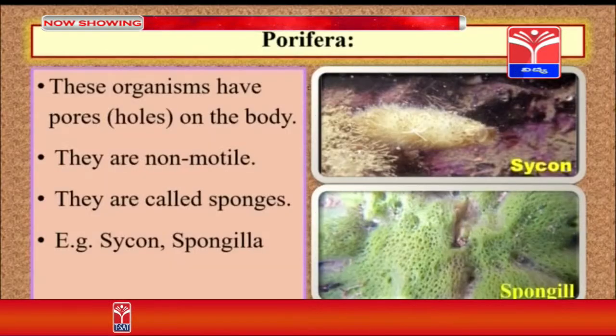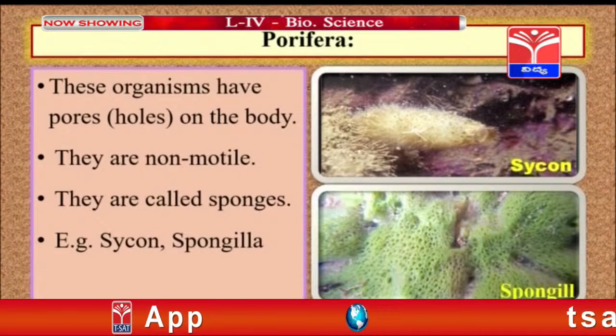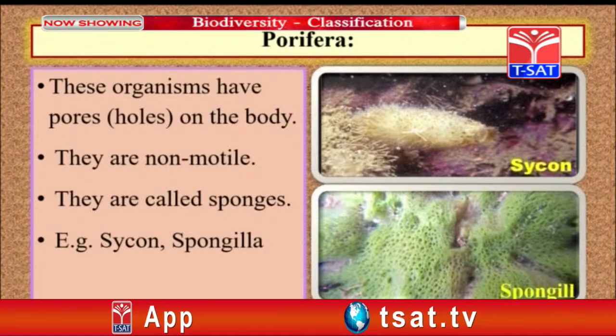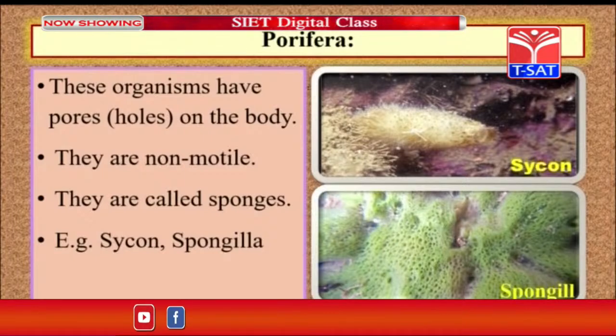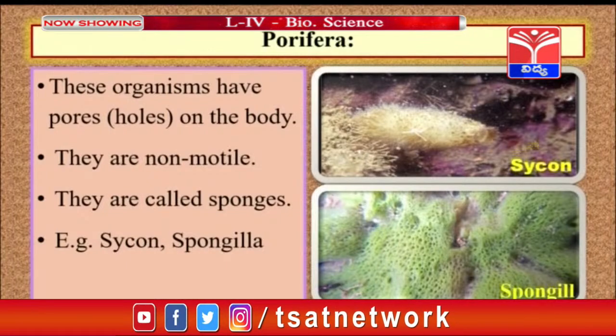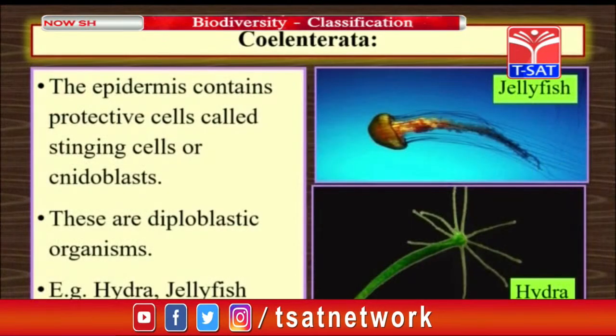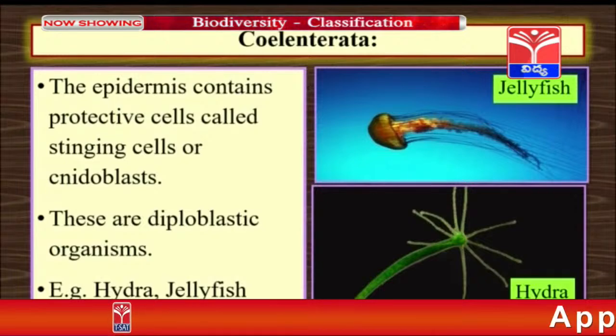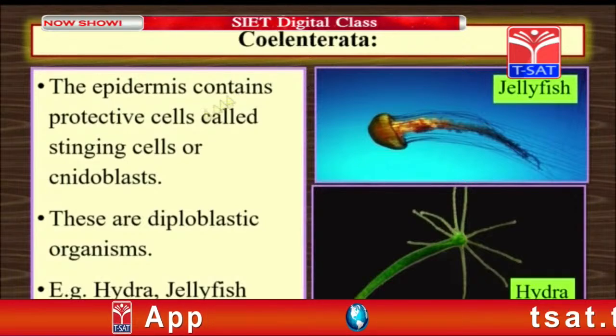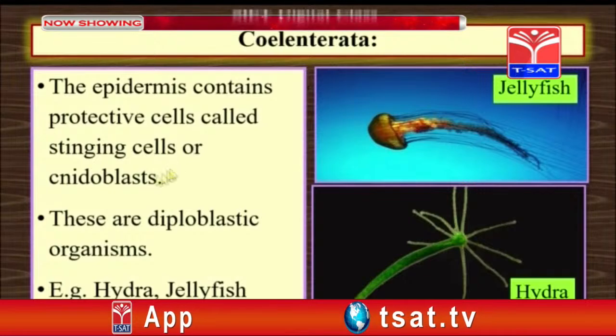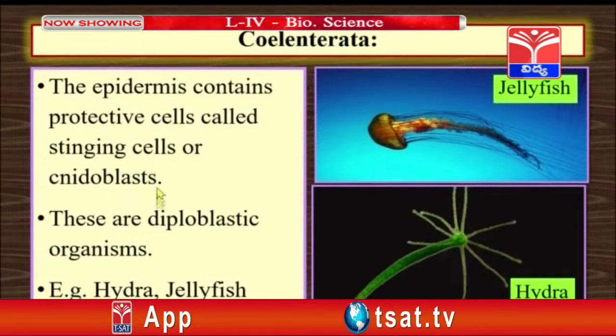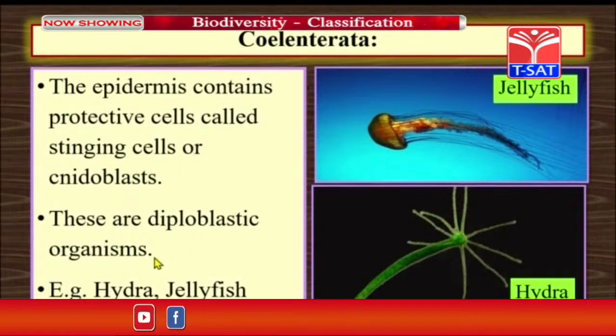Porifera. When we look at the characteristic features of Porifera, these organisms have pores, holes on the body. They are non-motile. They are called sponges. Examples, sycon and spongilla. Coelenterata organisms, the epidermis contains protective cells called stinging cells or cnidoblasts. These are diploblastic organisms.